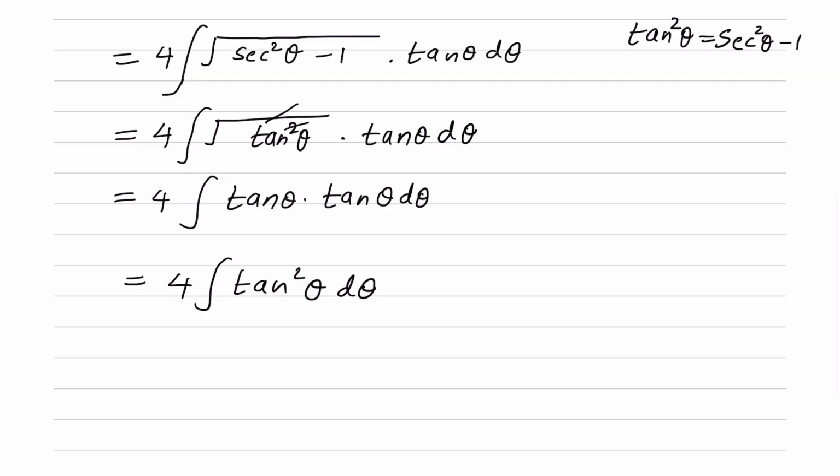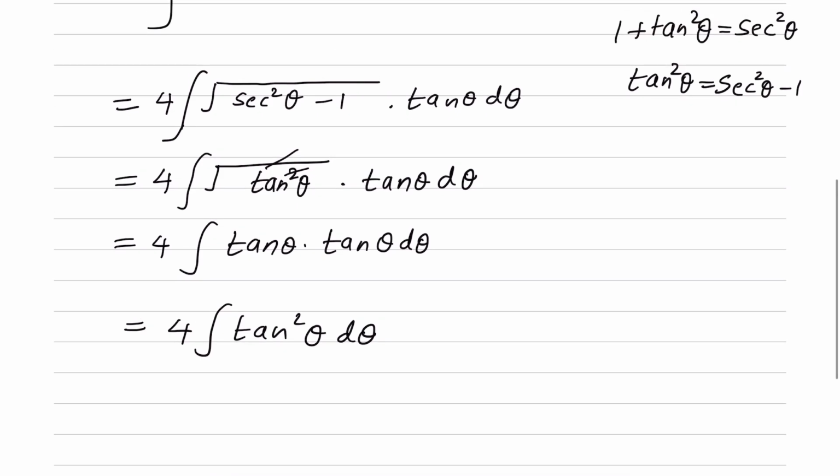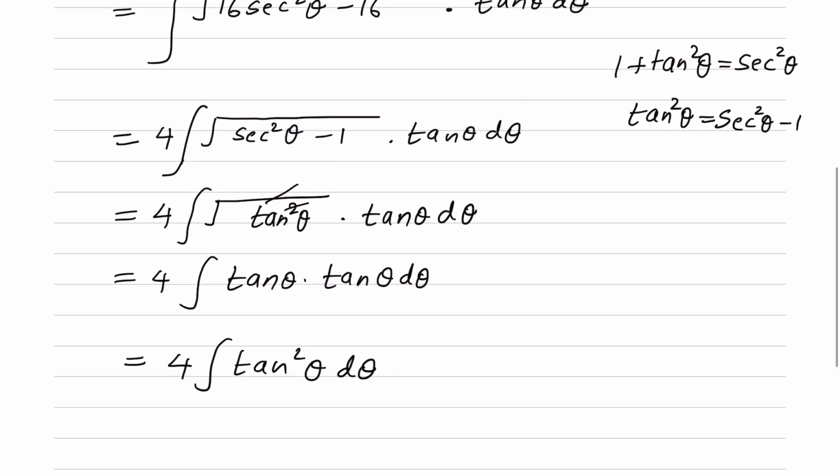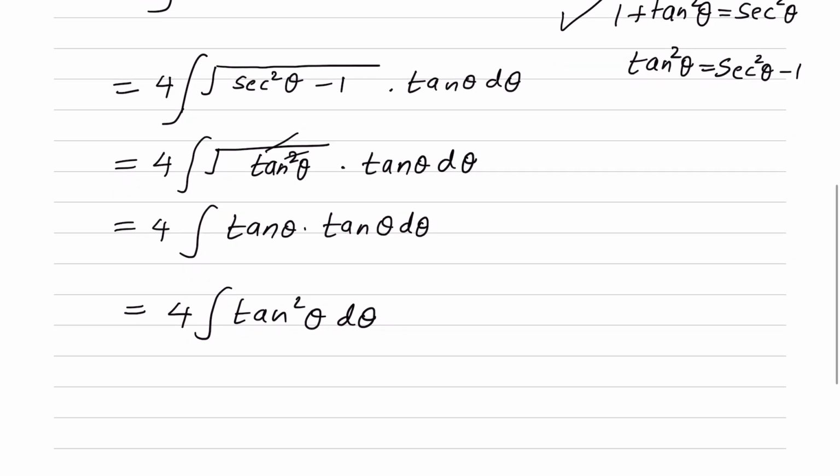There is no direct formula to solve the integral of tan square theta, but again on the right hand side we can use this identity to put the value of tan square theta, which is equal to secant square theta minus 1. So we have tan square theta is equal to secant square theta minus 1 d theta.